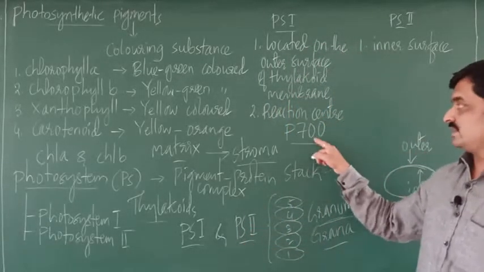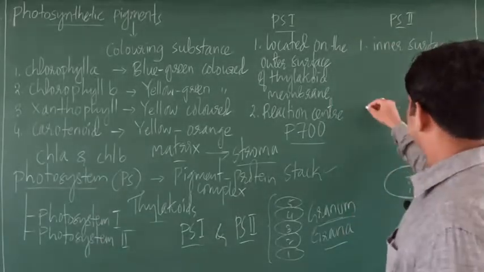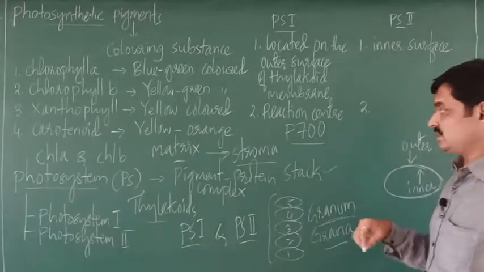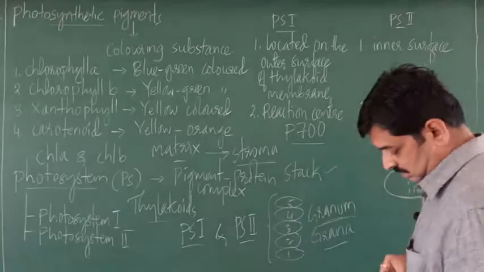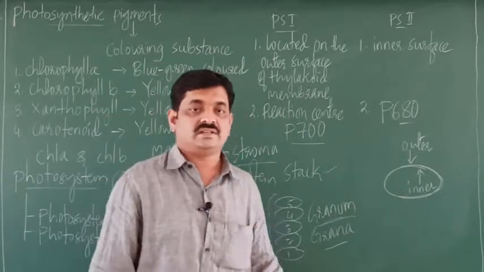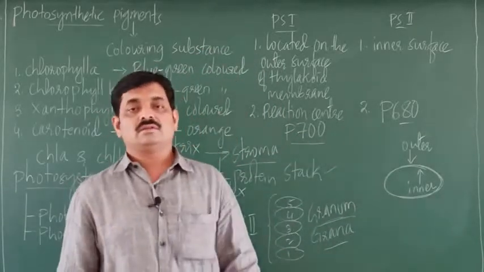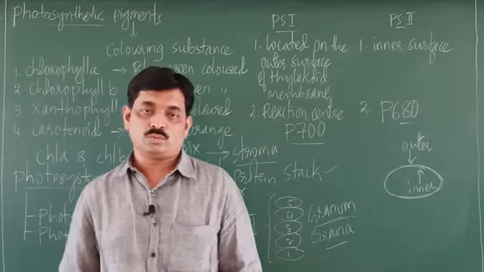So P700 is the reaction center of photosystem 1. Here the reaction center is called P680. So P680 is the reaction center of photosystem 2.